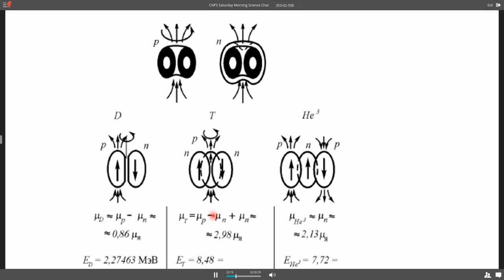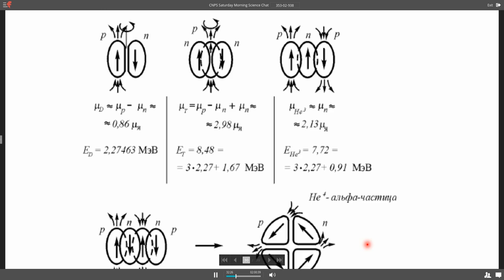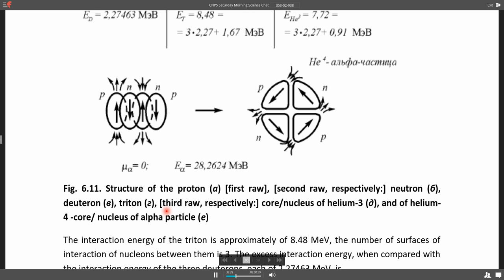Is this thorium or tritium? I don't know. Helium-3 comes in this form, and the alpha particle is like here. This is a vertical cross section, and here is the horizontal one. It turns out that the most stable configurations are those which have as many common flows as possible.